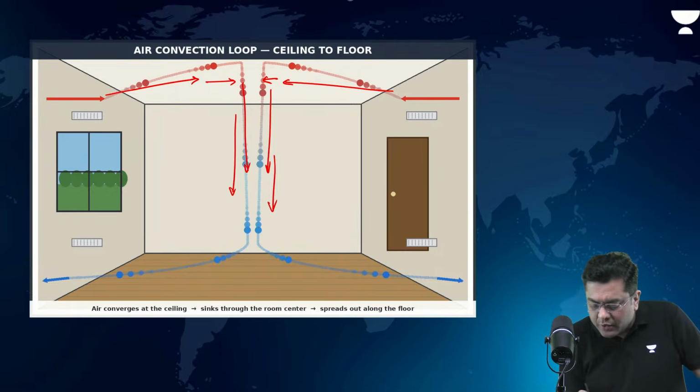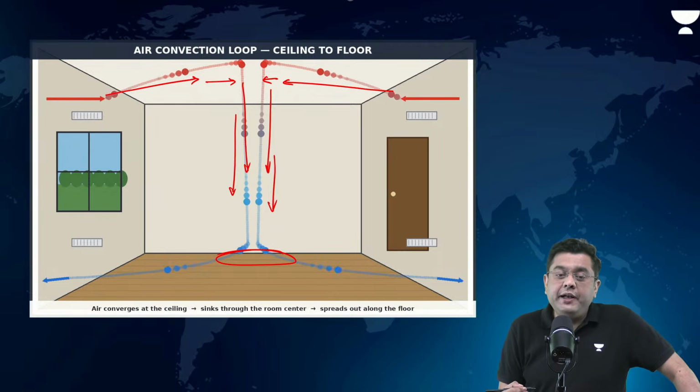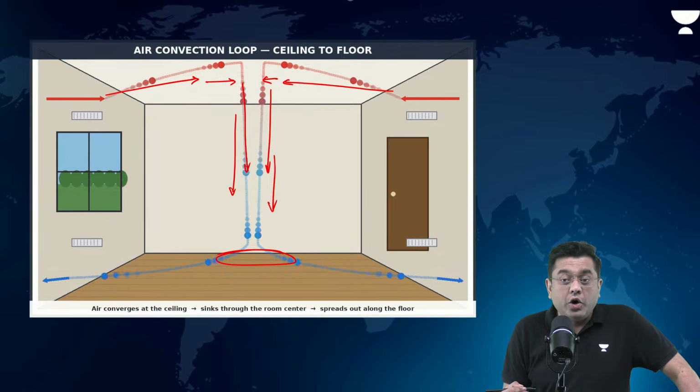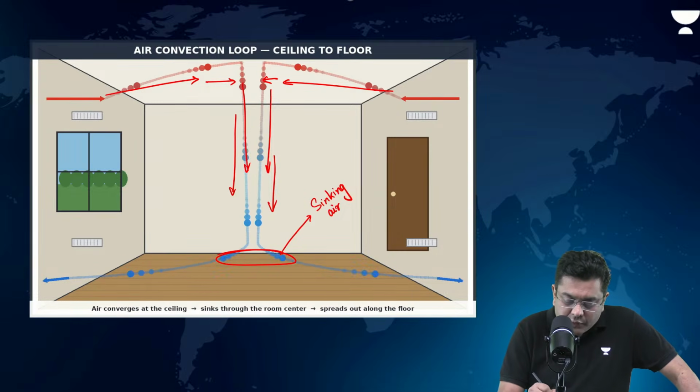It will hit the ground. So, on the ground, what is happening to the pressure? On the ground, the pressure is increasing, isn't it? You have a sinking air column. So, here you have a sinking air, and this sinking air is associated with the condition of high pressure.